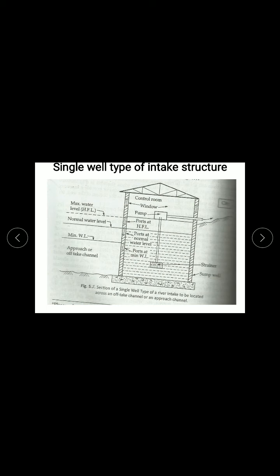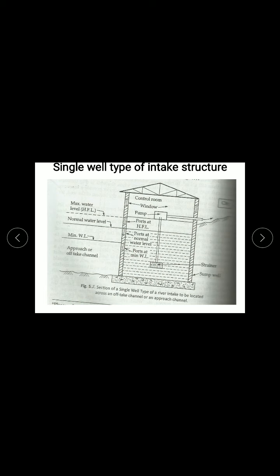Next one is the single well type of intake structure. You can see it is made up of a concrete shell. Here you can see different ports, kept depending on the different water levels: minimum water level, normal water level, and maximum water level.